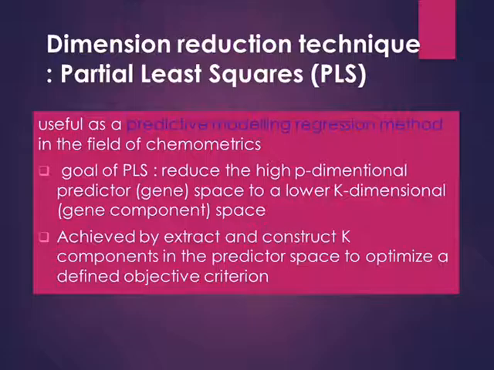Next is the dimension reduction technique, which includes partial least squares (PLS), and it is useful as a predictive modeling regression method in the field of chemometrics. This can be achieved by extracting and constructing k components in the predictor space to optimize a defined objective criterion.